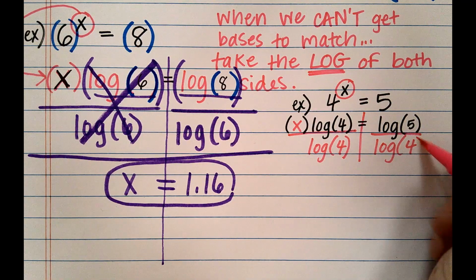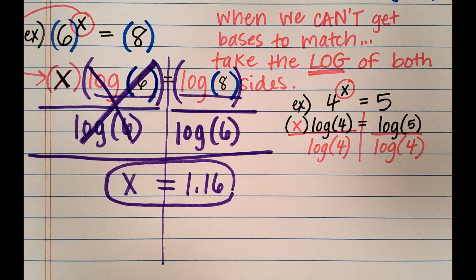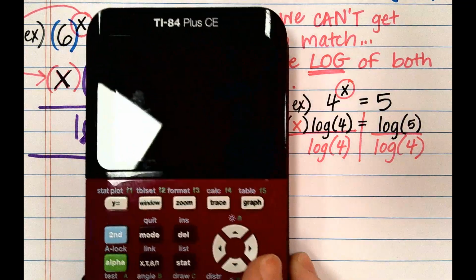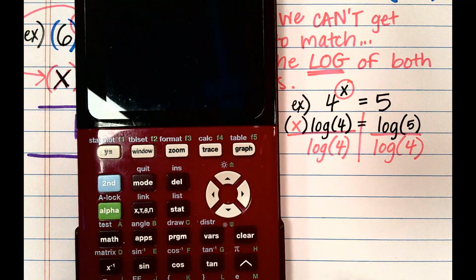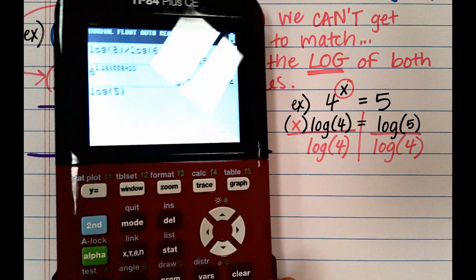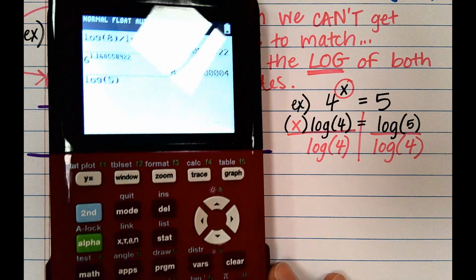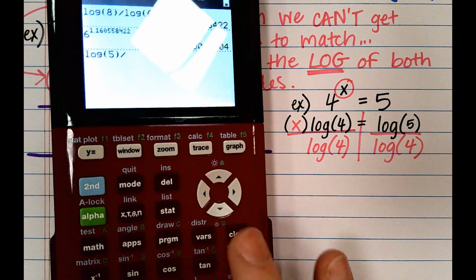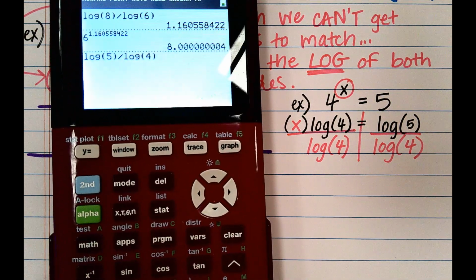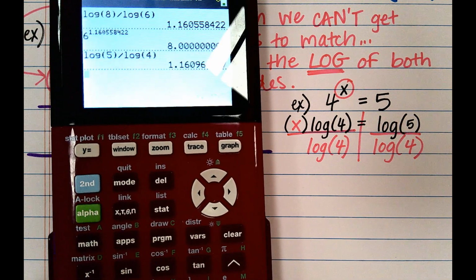The same answer. Is it really the same answer? Close. What? 1.160. That's crazy. Okay, well maybe I should pick numbers that are further apart. So I'm going to type in again log of 5, close your parentheses. If you don't, your answer will not be correct. Divided by log of 4, close parentheses. I'll hit enter.